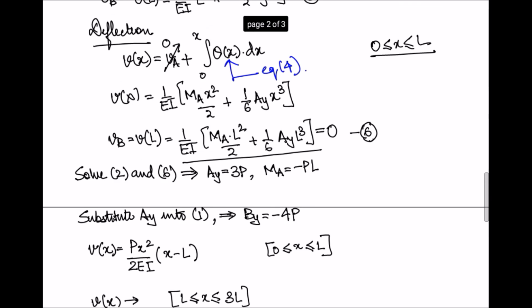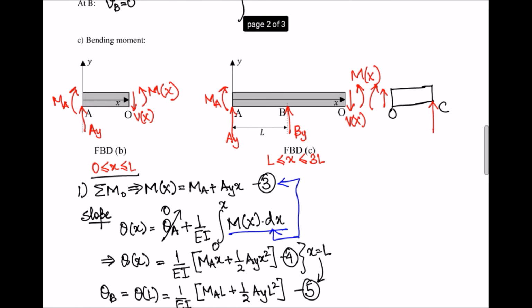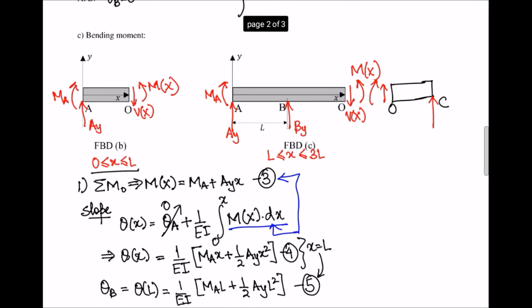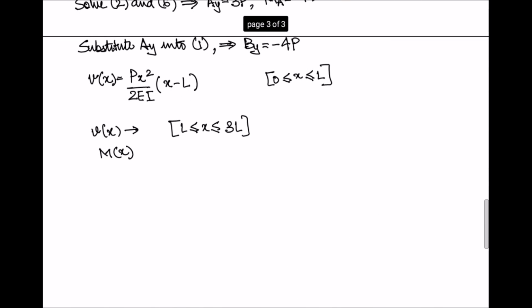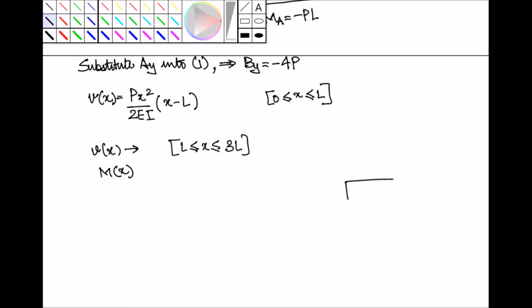If we scroll up to the free body diagram for segment 2 that we have in here, let's go ahead and replicate that down below. So we have the right hand side of the beam OC, where we have a load P that's applied, the shear force V of x, and the internal bending moment M of x.